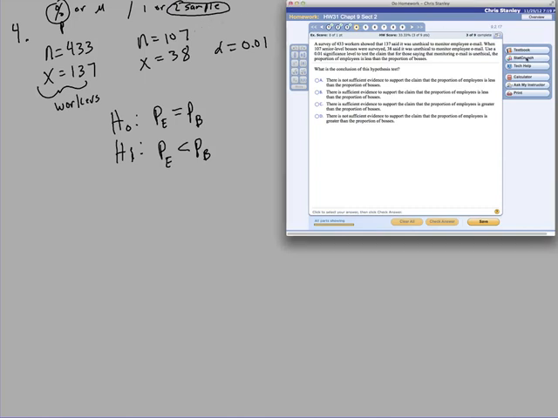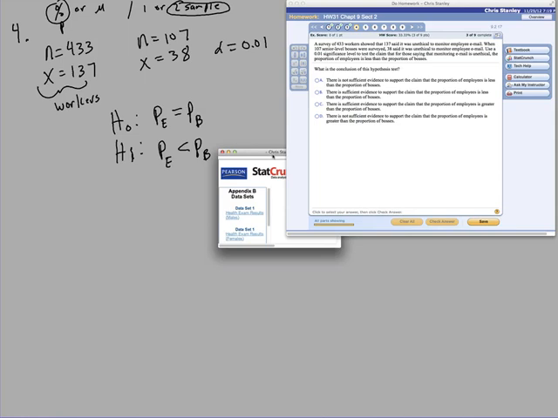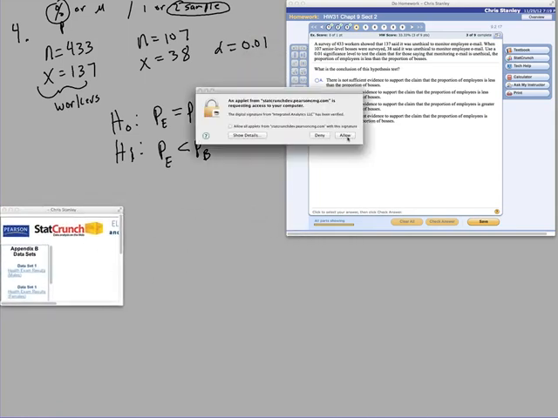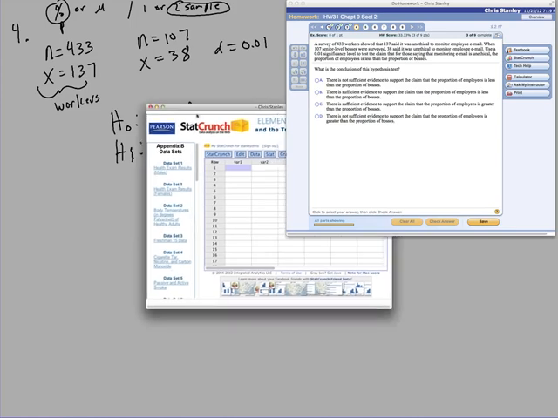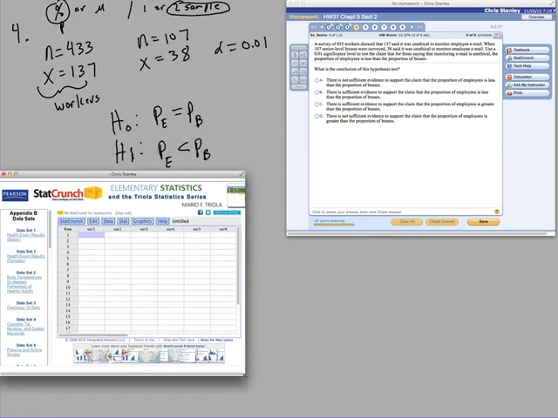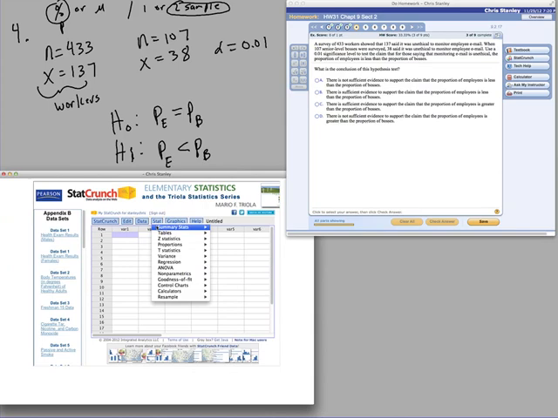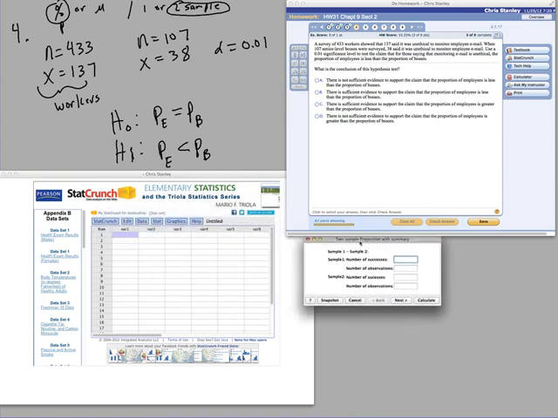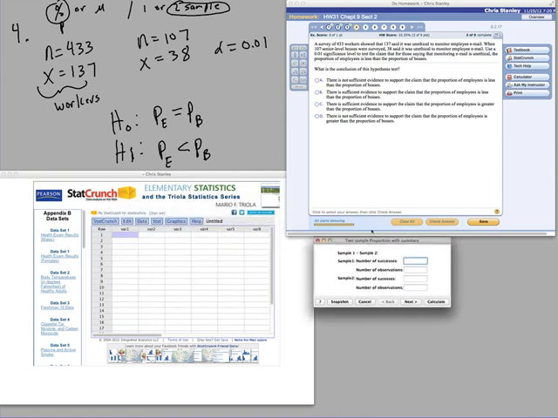So we want to open up our StatCrunch. Stat, proportion, 2 sample, and they would give a summary. They're going to ask for all that stuff that I just wrote down. You want to put the first one in, the one we think is going to be less. So it's going to be 433.